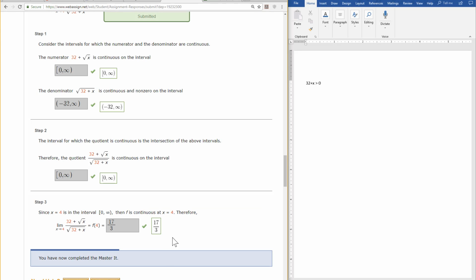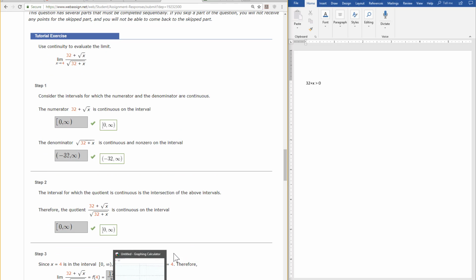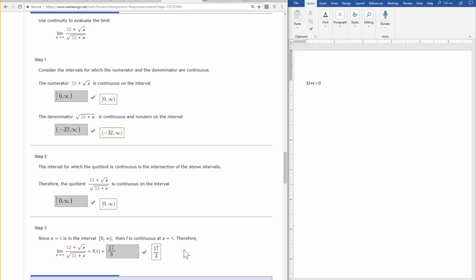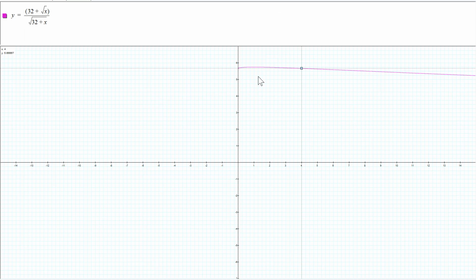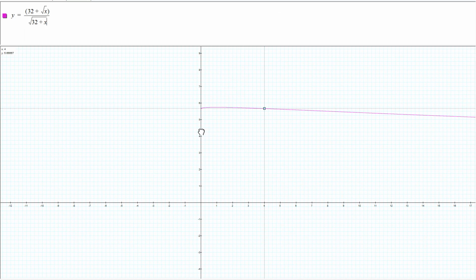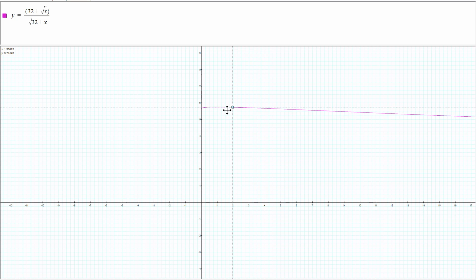Okay, that looks good. All right, so let's take a look at the graph of this. It doesn't say we need to, but we should take a look at the graph, if you have a graphing calculator or something, or Desmos. Here I found the graph, and if I trace this, I can see that when x is equal to 4, I get the value of 5.6666.